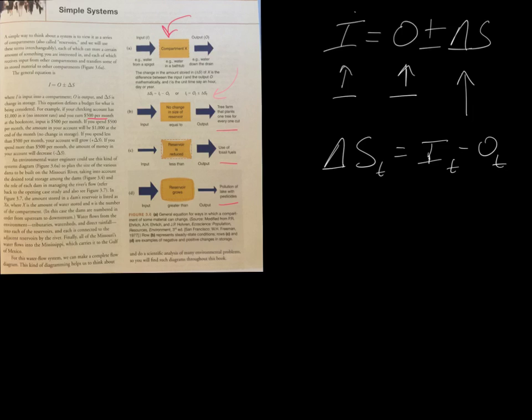It's in the water, but the water doesn't flow anywhere, and the pesticide keeps coming in to the lake. So the reservoir grows and grows and grows. The amount of pesticide becomes more and more dangerous. For that reason, the input is greater than the output, and your change in S is getting bigger. So the change in the compartment is getting bigger, as in this form of the equation here.